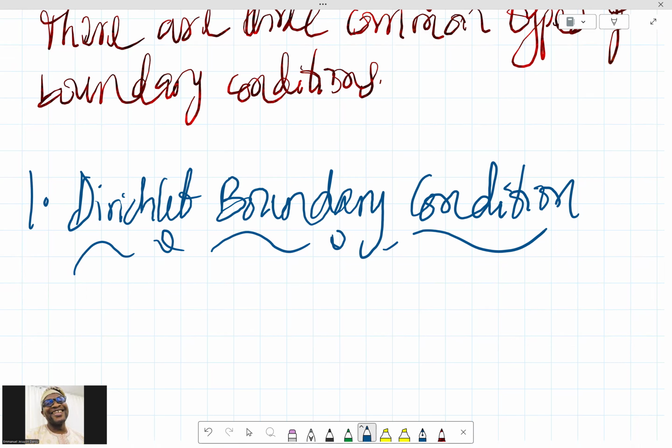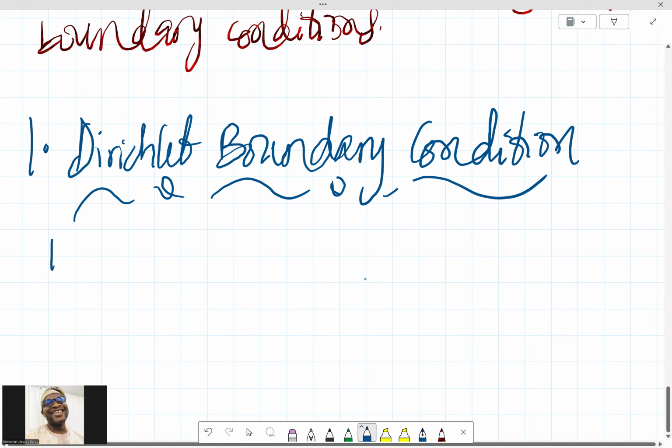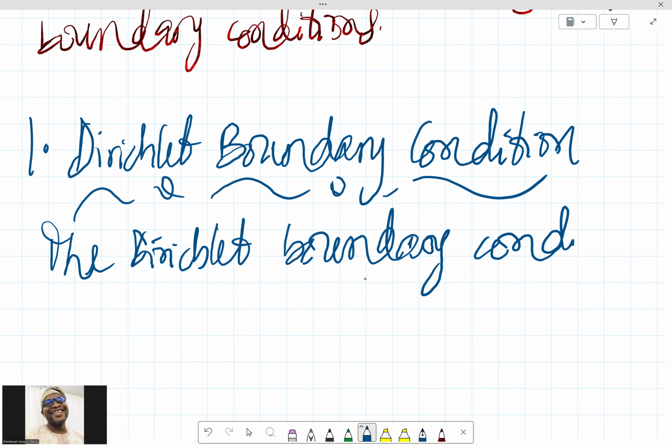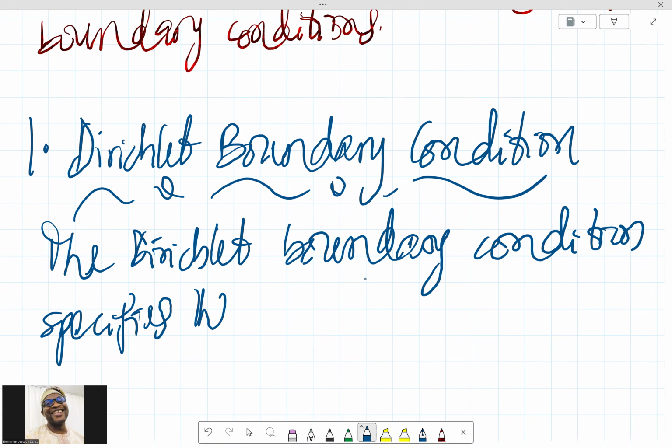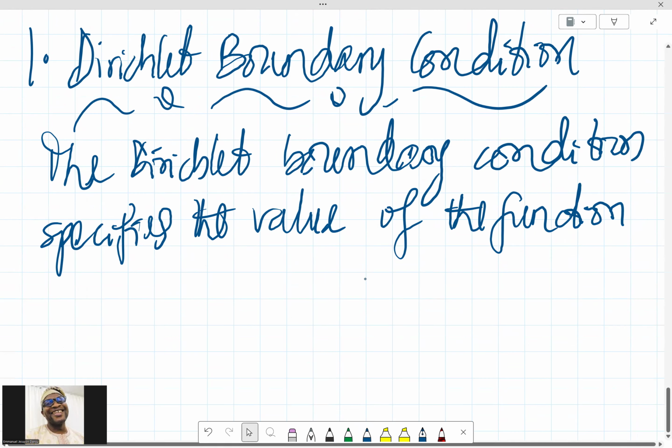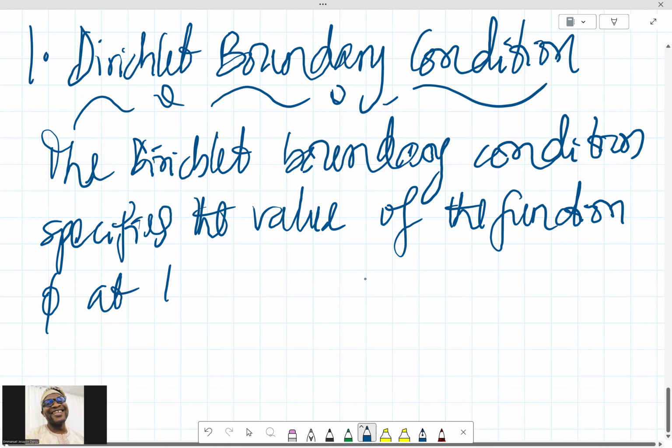The Dirichlet boundary condition specifies the value of the function phi at the boundary.